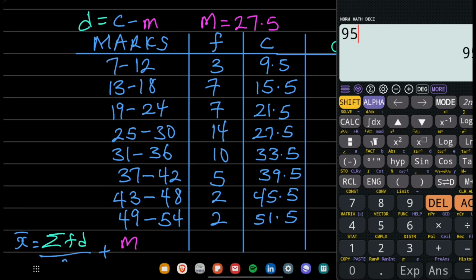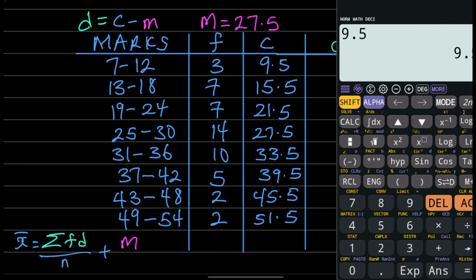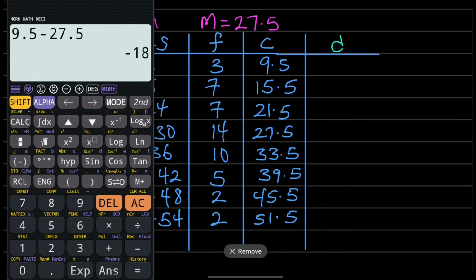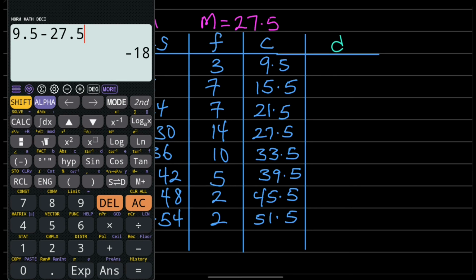So here we have 9.5 minus 27.5, and that is 18. So our first D is negative 18.